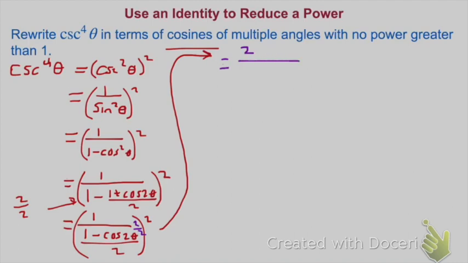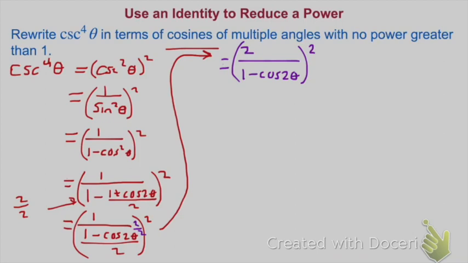The bottom just becomes 1 minus cosine 2 theta. We basically have wiped out this bottom fraction by doing this. So we multiply top and bottom by 2. The 2's on the bottom cancel out, leaving just 1 minus cosine 2 theta. The top is 2 times 1, which is 2. This is still, we did this all inside the parentheses, squared. And this is rather difficult algebra.